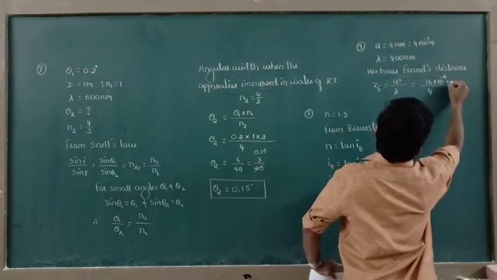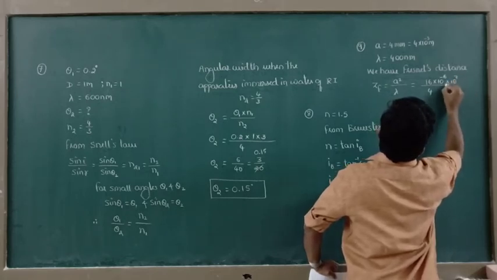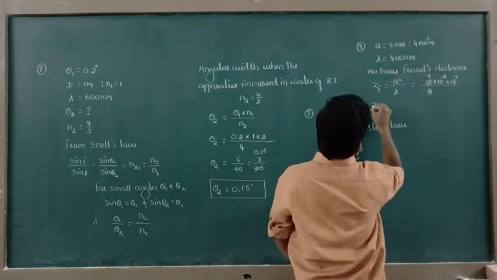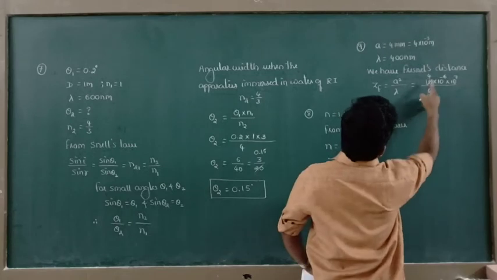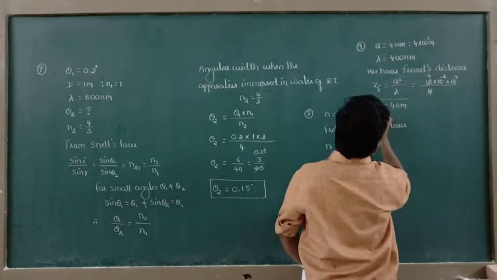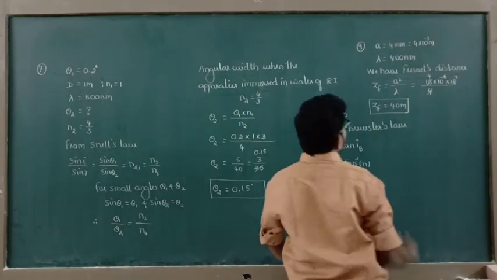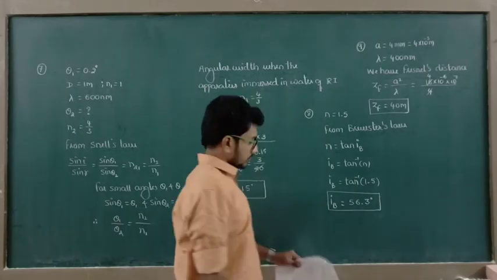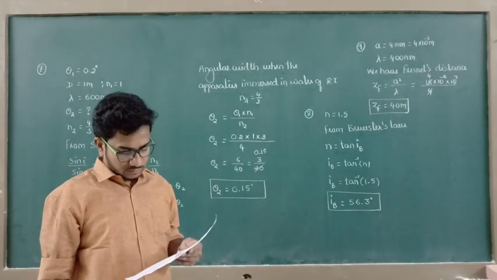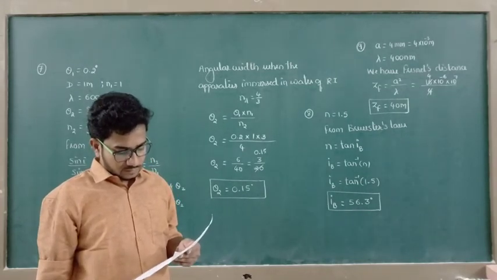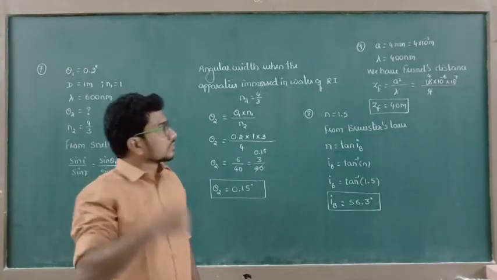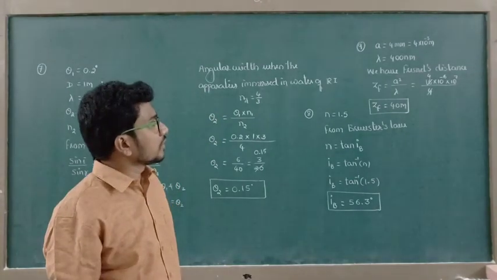So in numerator it becomes 10 to the power plus 7. Therefore, Fresnel distance is equal to 4 into 10, 40 meter. So, Fresnel distance for a good approximation of ray optics.